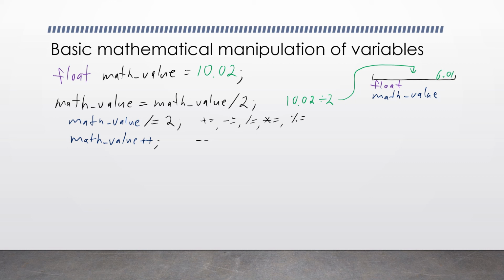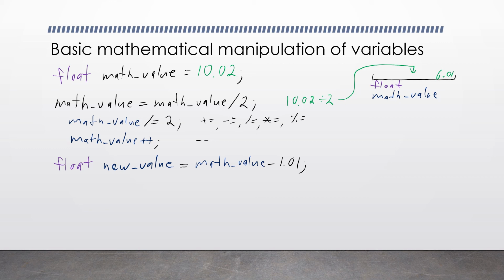Okay. What if we wanted to work with a new variable instead? We can say float newvalue equals mathvalue minus 1.01.